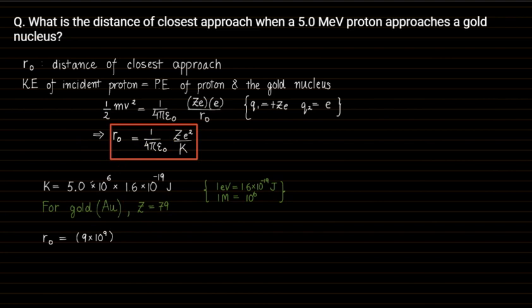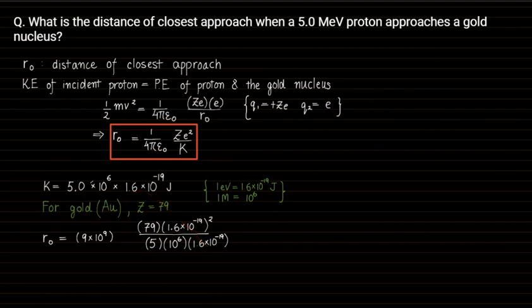Z is the number of protons, 79. E is the charge, 1.6 times 10 to the power minus 19, and you have a square here. In the denominator you have the kinetic energy: 5 mega means 10 to the power 6, electron volt means 1.6 times 10 to the power minus 19.